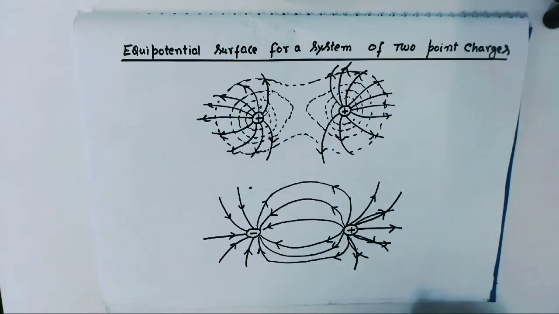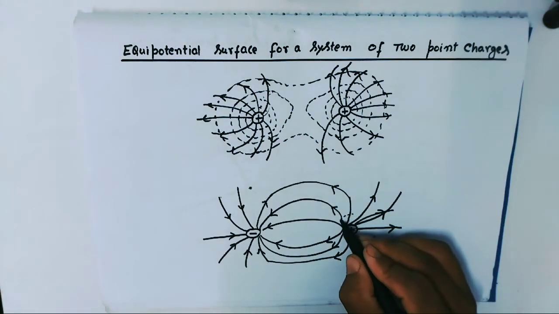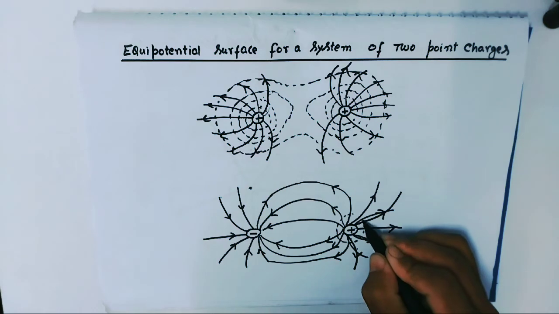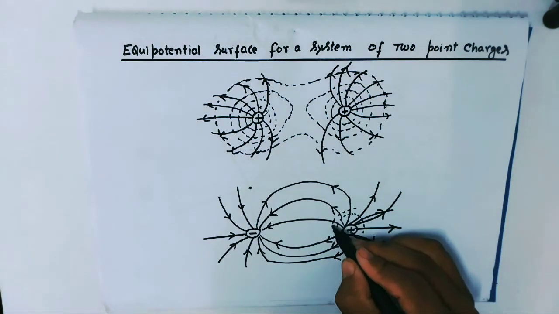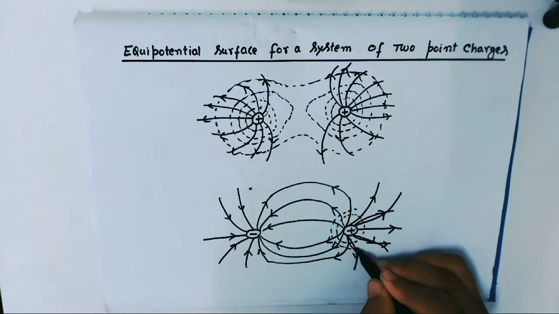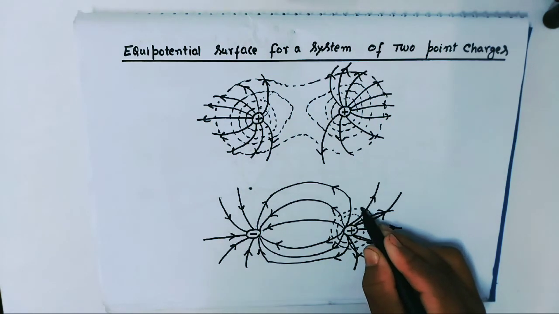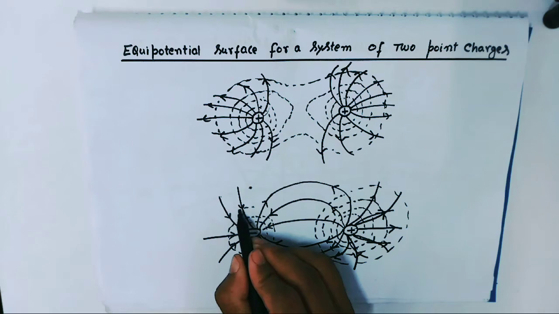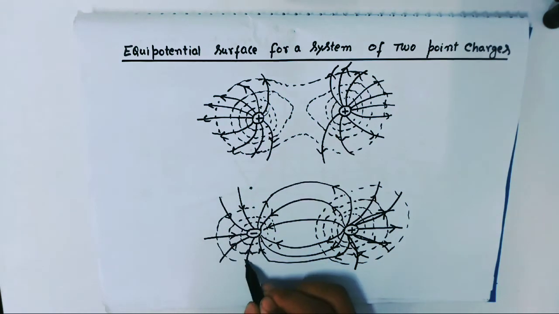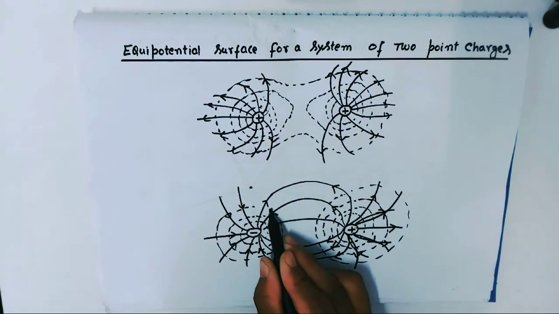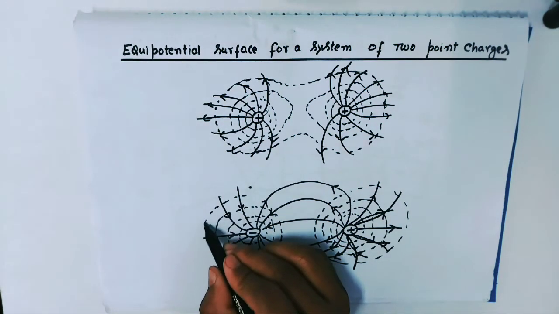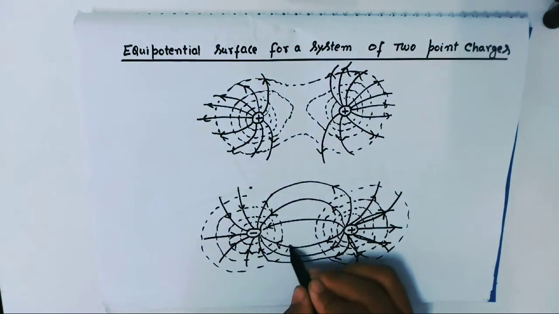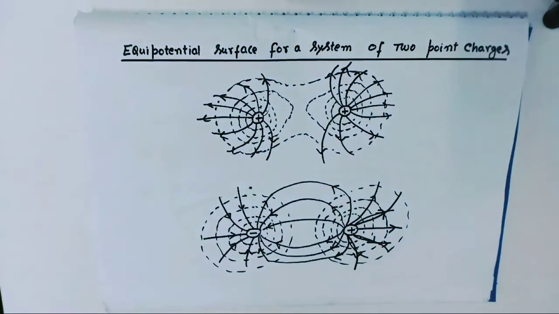If we draw the equipotential surfaces, suppose this one is an equipotential surface, and then the other one, this is an equipotential surface. This one is an equipotential surface, and this one is an equipotential surface.